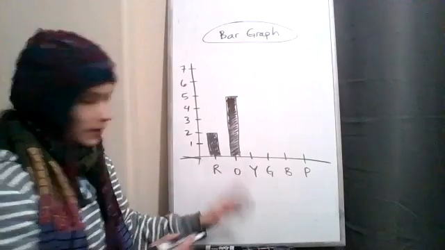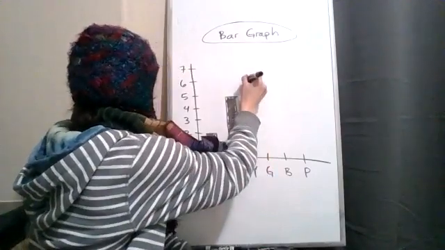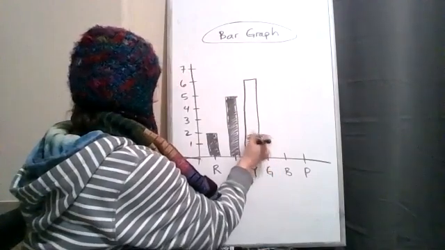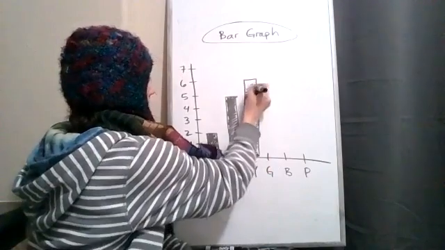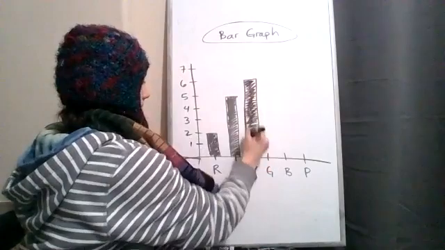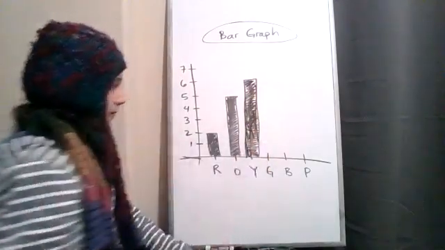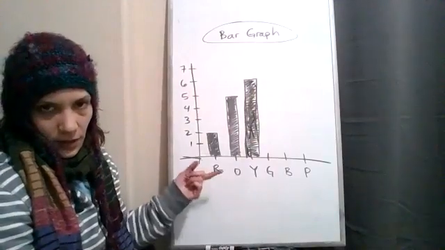Again, bars don't touch. Okay, green, it's just height 1.